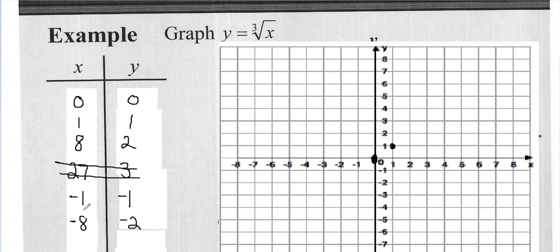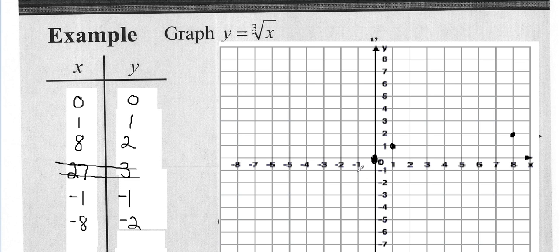So I will plot these points here. I've got 0, 0. I've got 1, 1. How about 2, 8? I'm going to go, how about 8, 2? I'm going to go over 8 and up 2. So that gives me a nice line here to draw. Down on the other side, the negative way, I could say negative 1 and negative 1 is here.